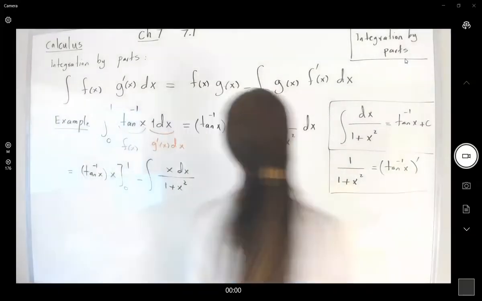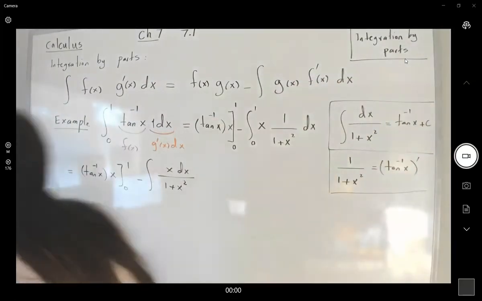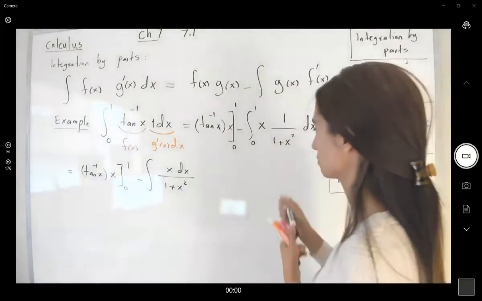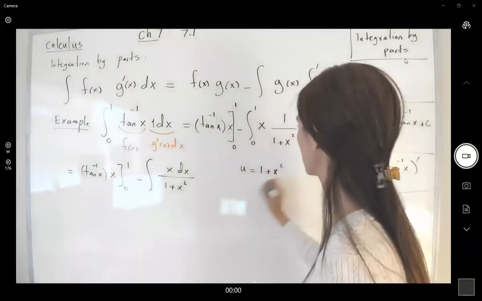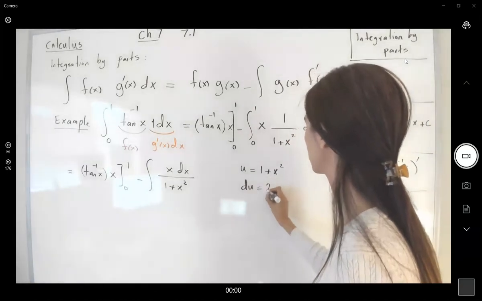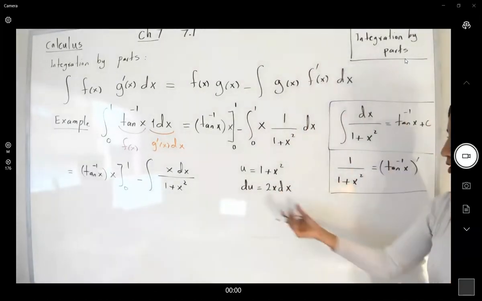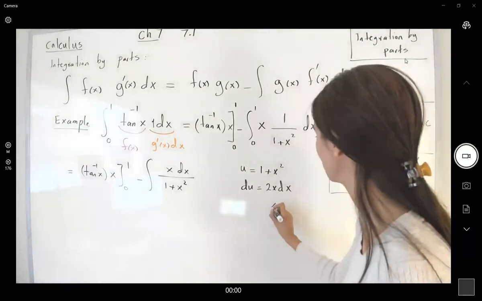For this guy, we're going to use u-sub. So u is equal to your denominator, 1 plus x squared, and du is 2x dx. So it means that x dx is du divided by 2.